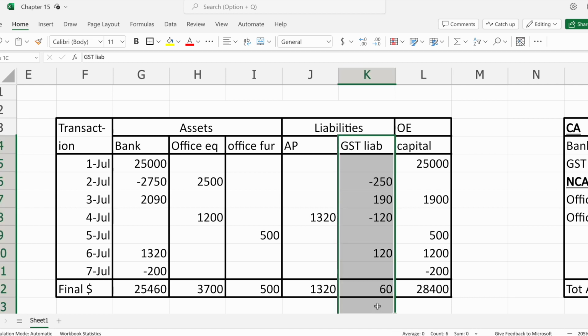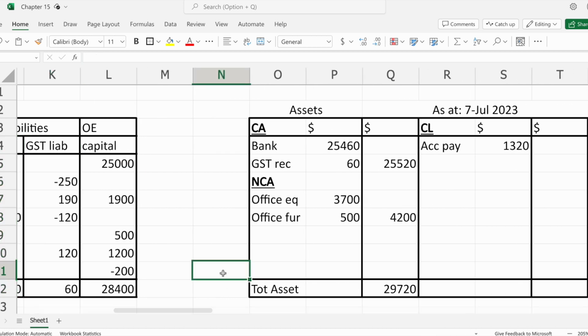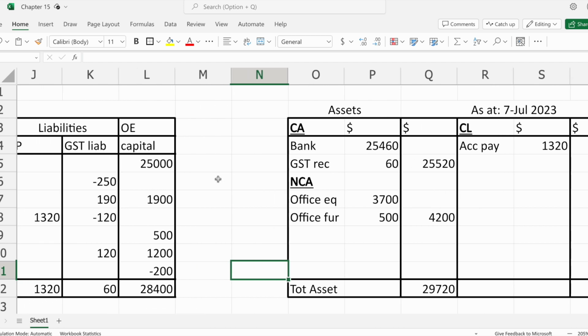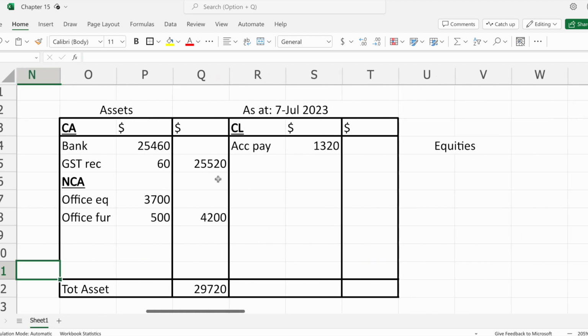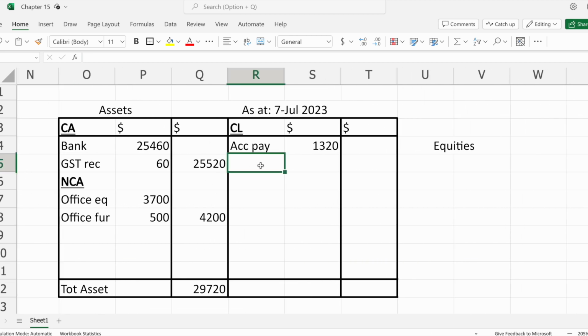And then GST liability, however, is already added in our current assets, as you can see, because you're getting the positive amount. Since we don't have any other current liabilities, we move on to our owner's equity.